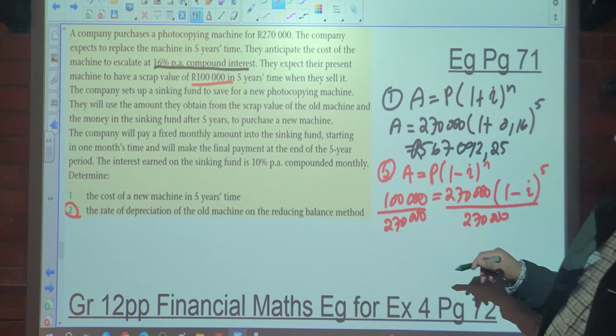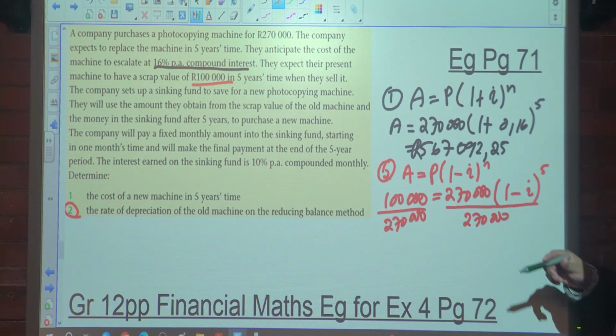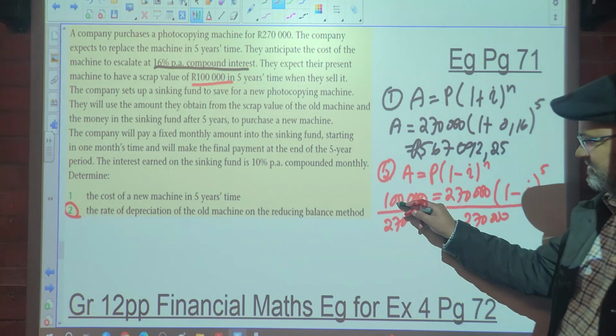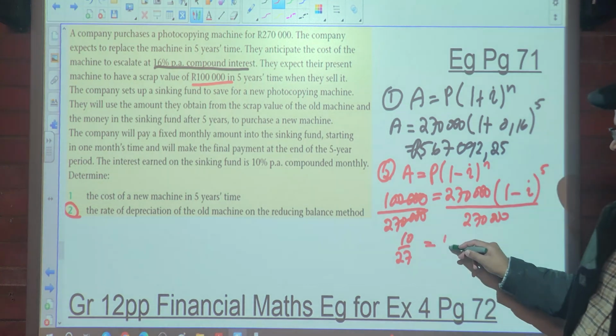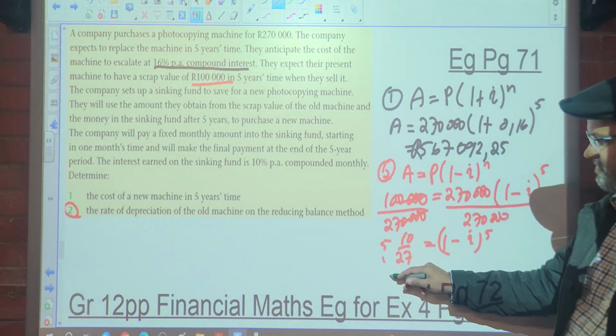Then I'm left with 1 minus I to the exponent 5. So that cancels. It's going to be 10 over 27 is equal to 1 minus I to the 5.